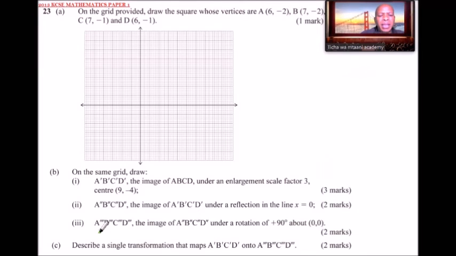Roman number 3, A'''B'''C'''D''' is the image of A''B''C''D'' under a rotation of positive 90 degrees about (0, 0). So we are going to rotate our second image through positive 90 degrees about (0, 0).